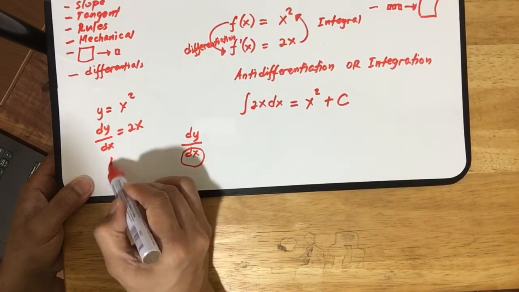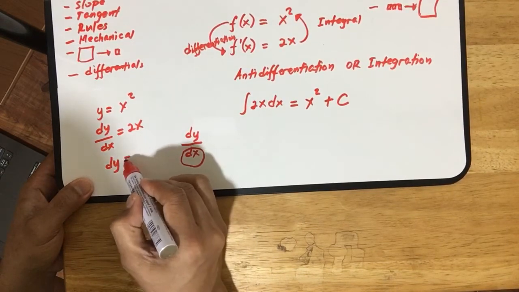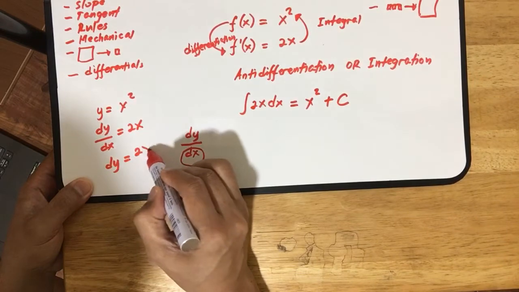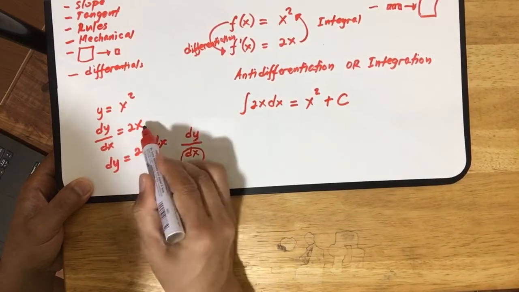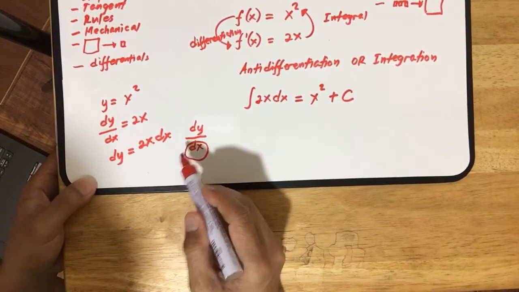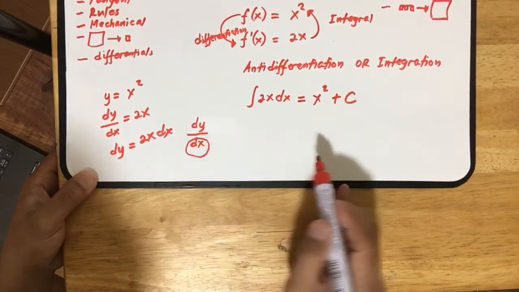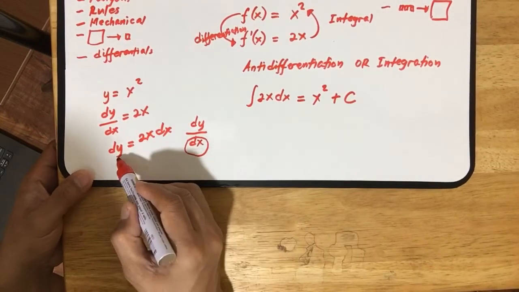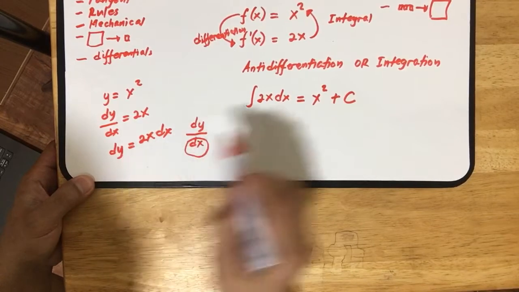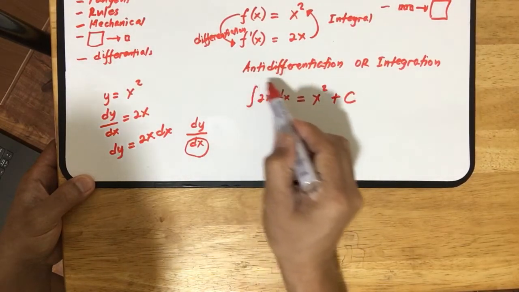So we have the differential of y, that is 2x times dx. You just cross multiply, and d is the differential. Now when you take the opposite process, we have what we call anti-differentiation.